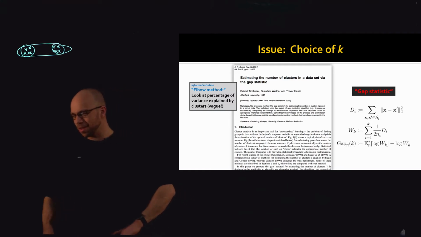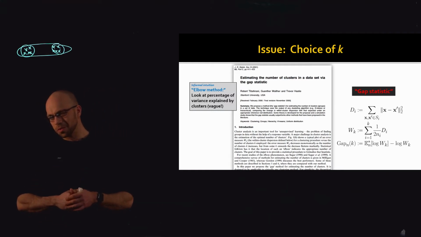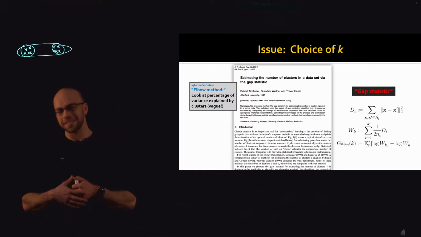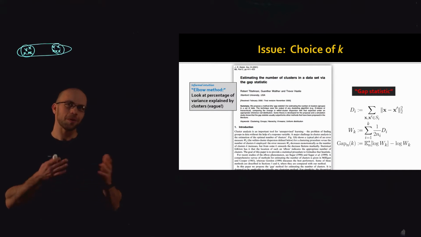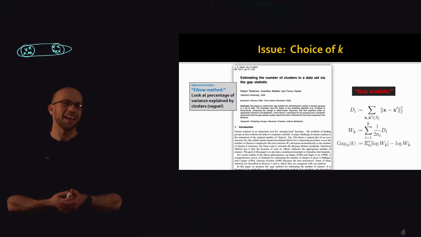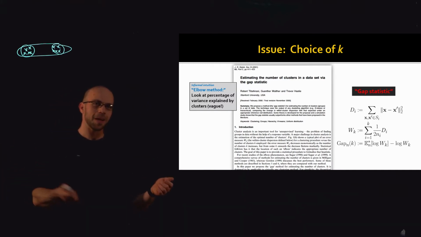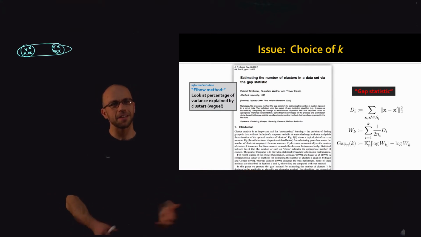They come up with a null model where you generate a new data set of n points, but your new data set doesn't necessarily have a cluster structure. For example, maybe you do principal component analysis on your data set and then draw from a Gaussian as your null model. That's what this E_n star is representing.